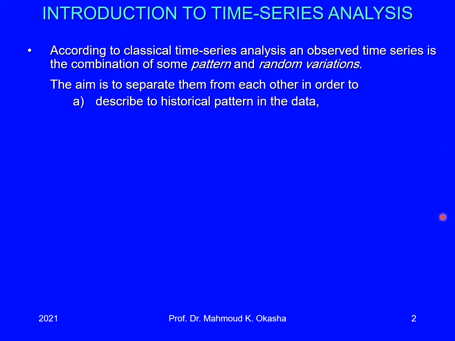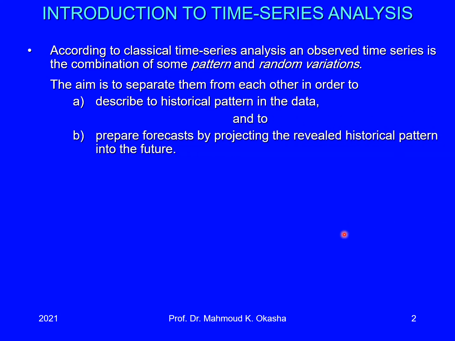So the aim now is to separate from each other these fluctuations and this pattern, in order to describe the historical pattern in the data first, and also to present a forecast by projecting the revealed historical pattern into the future.